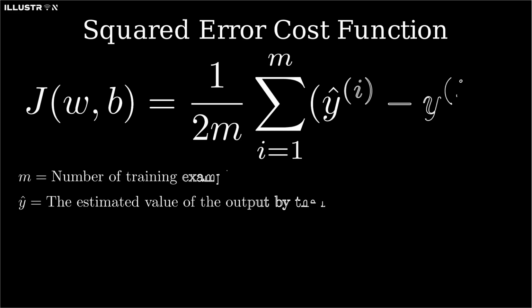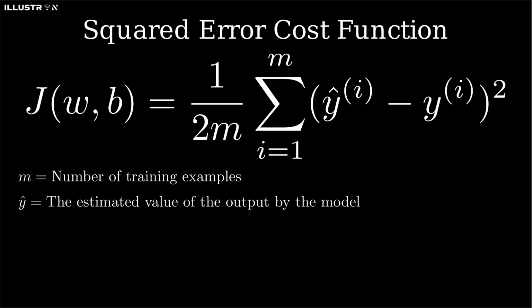Let's break down this equation. J of W and B represents the cost value for a given set of weights, W, and bias, B. M is the total number of data points in the training set. The summation part, sigma, iterates through all data points.